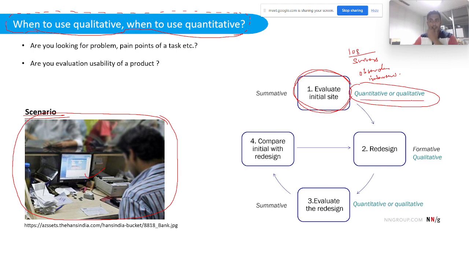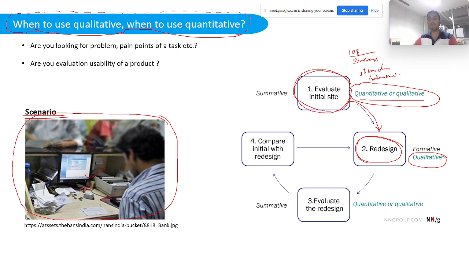Okay? But after identifying this initial set of findings, when you identify certain requirements, then you go for redesigning the particular application or website, then you use qualitative approaches, because this is formative in nature.